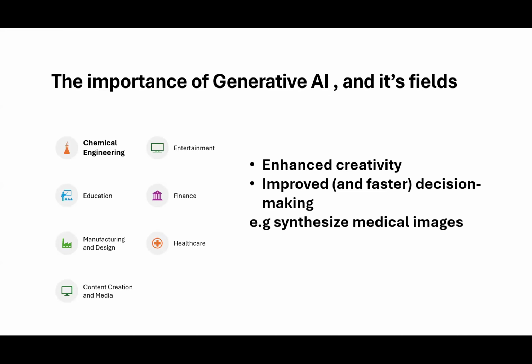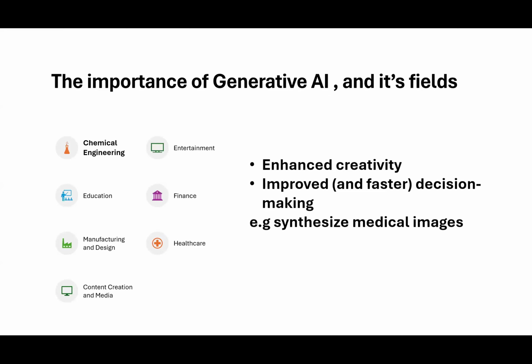One application in healthcare is to synthesize medical images, that is, to generate medical images for training and testing if we don't have huge data. Also, we can use it in education to create and develop content, materials, videos, and so on.